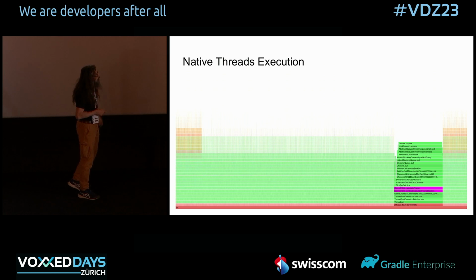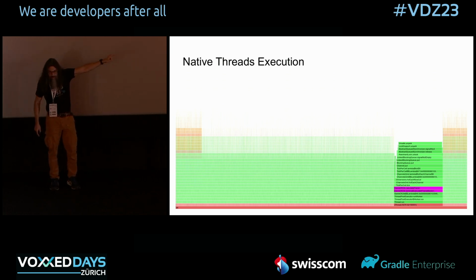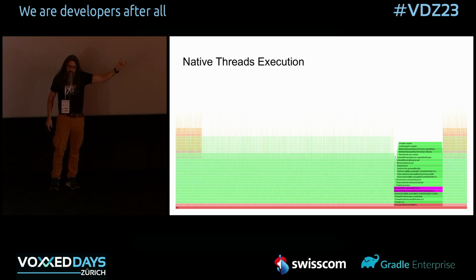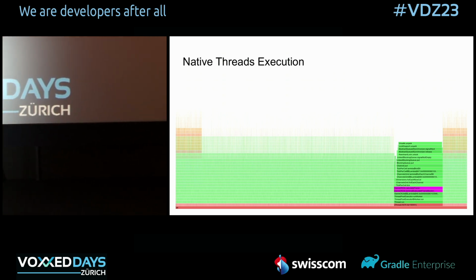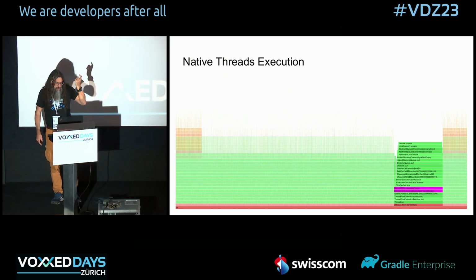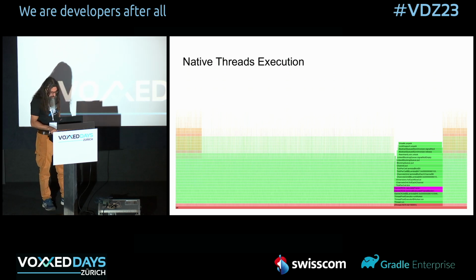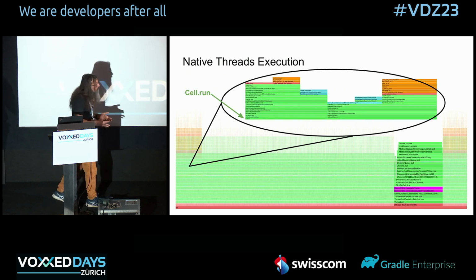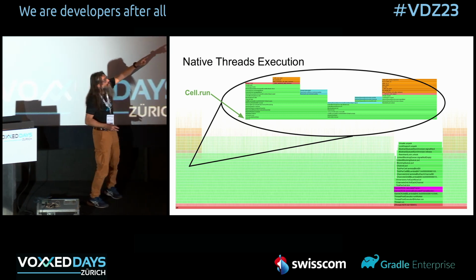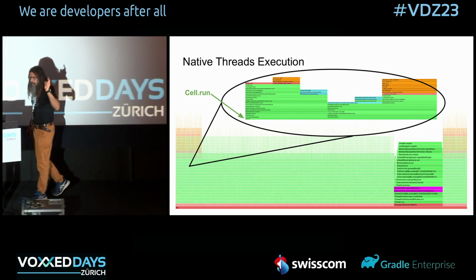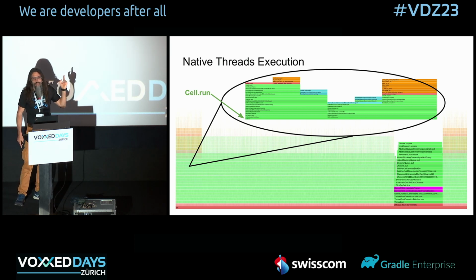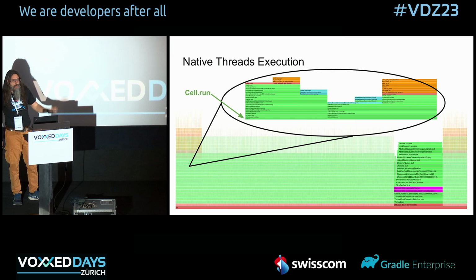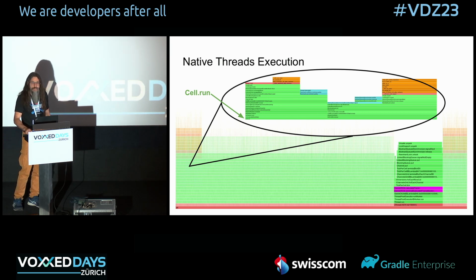What's interesting here is that in purple there is the call of the coordinator, the call of the thread that is running JMH, let's say, that is running the coordinator. And if you zoom on a single native thread, you will see a lot of that orange stuff, meaning that it's doing a lot of context switches and it's losing lots of time there.